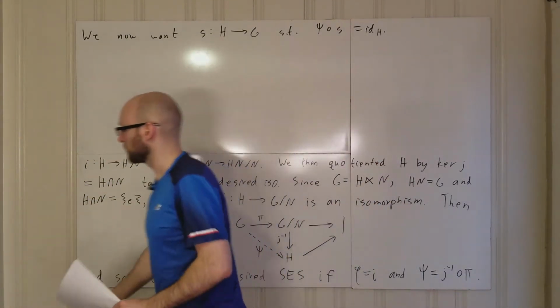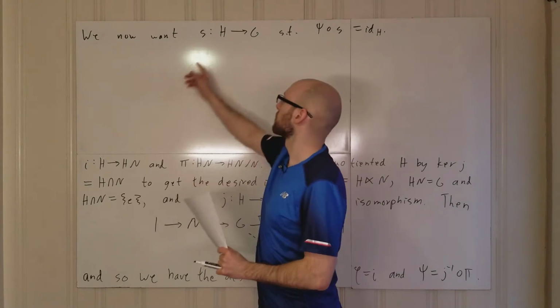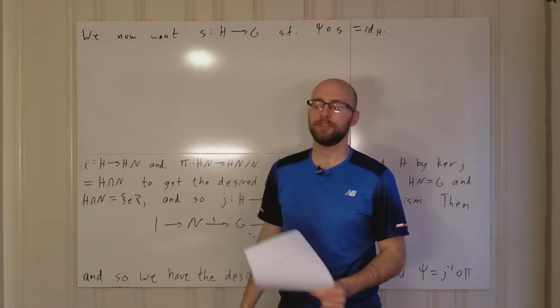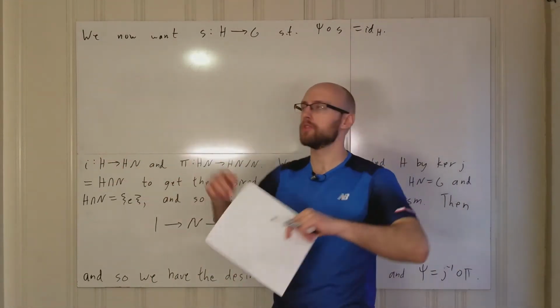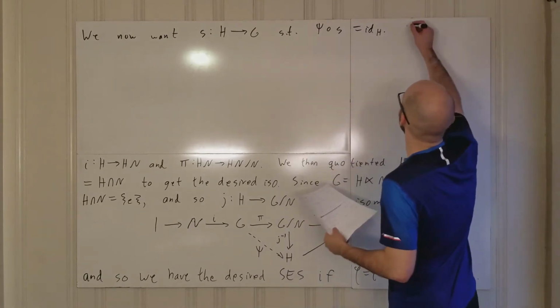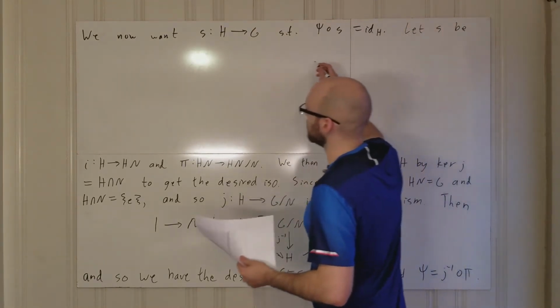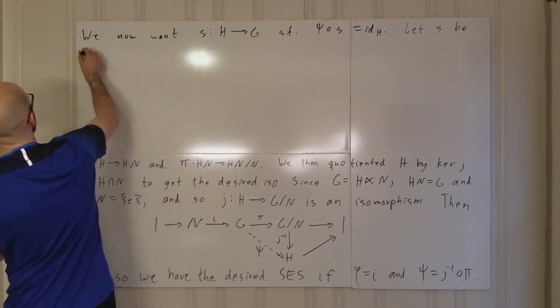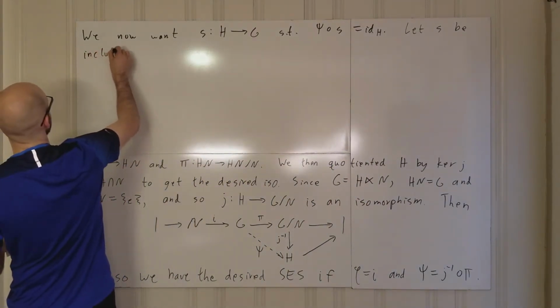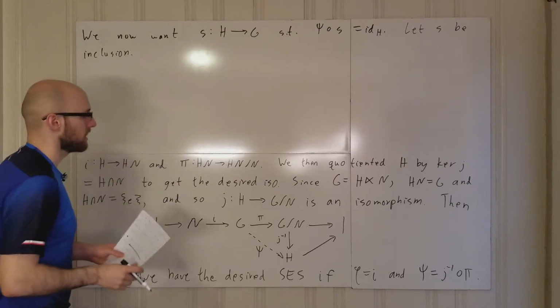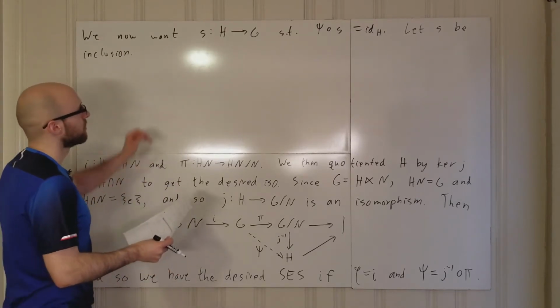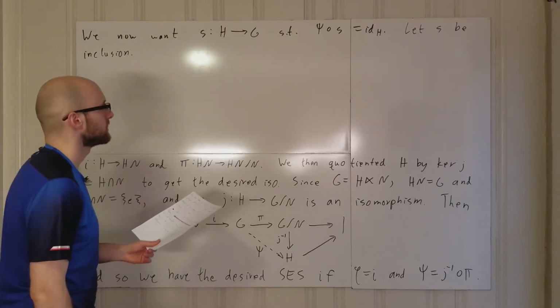Possible candidates for S. Well, we're going from H to G. H is a subgroup of G. Let's just try inclusion. Let S be inclusion. Okay, then what happens when we compose psi with S?